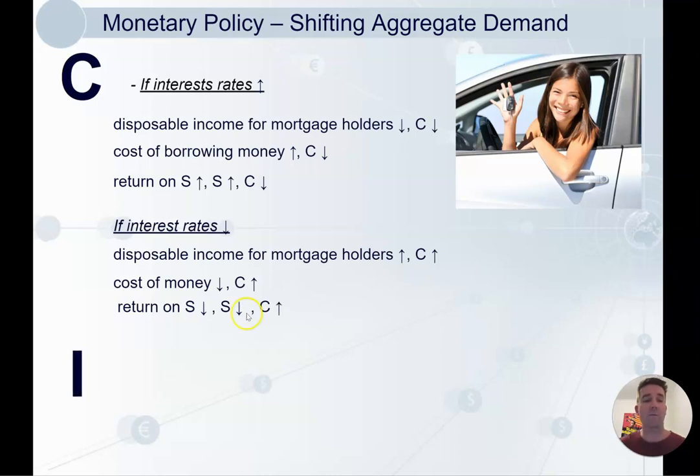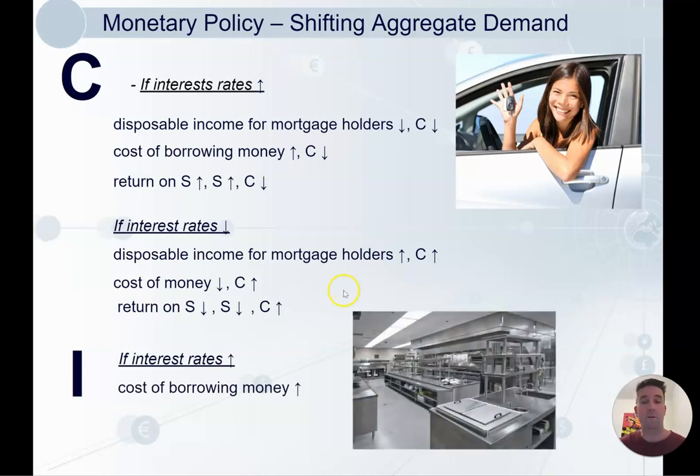Okay, then I for investment, right? So these are both factors of aggregate demand. So if interest rates go up, the cost of borrowing money for businesses will go up. So, things they might do is they might revamp their kitchen in their restaurant, right? That's one example.